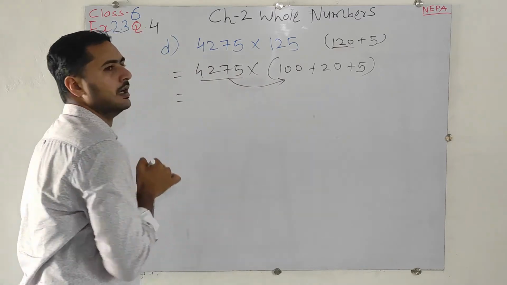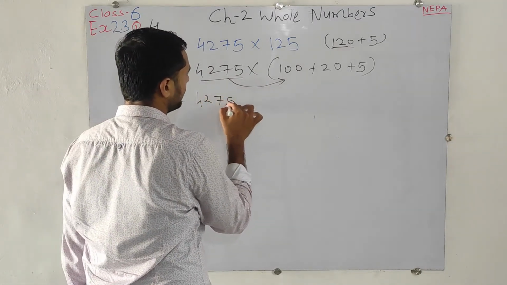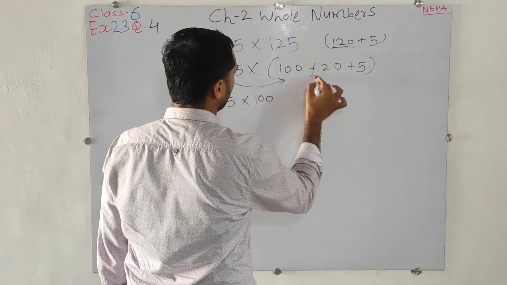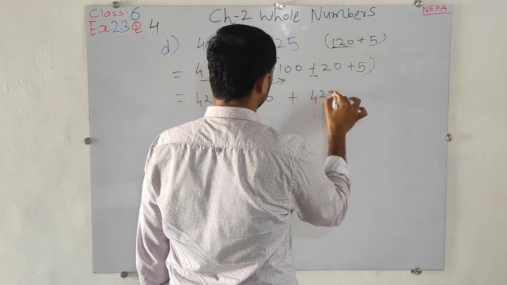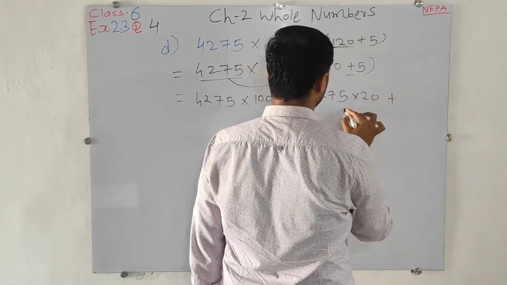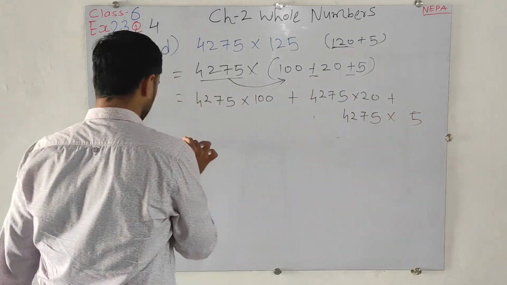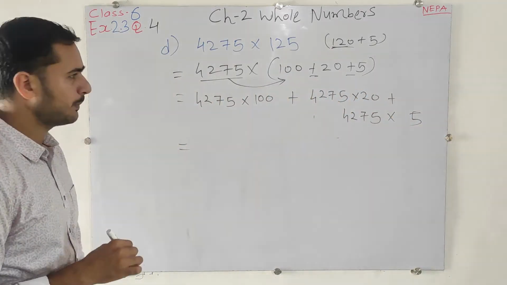This number will multiply to the whole bracket, so it will be 4275 multiplied by 100 plus sign, again 4275 multiplied by 20 plus sign, again 4275 multiplied by 5. Okay. Now simply we'll just do the multiplication.